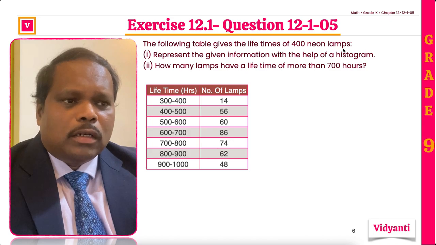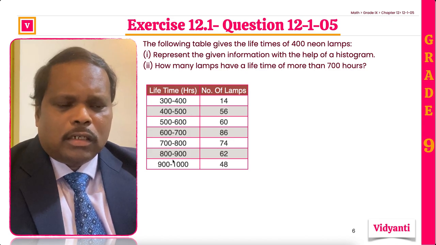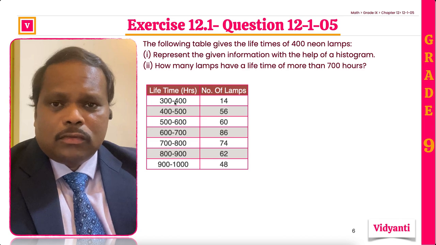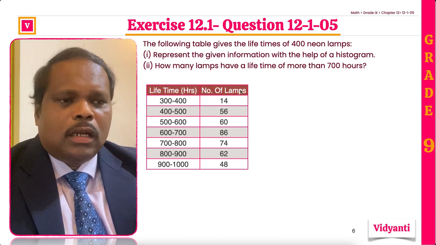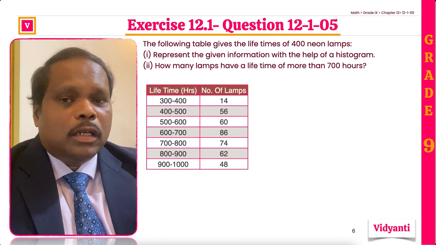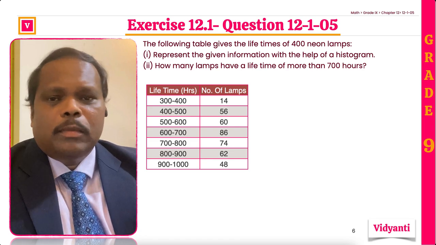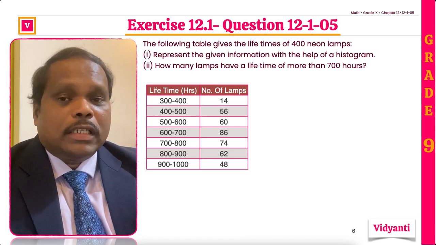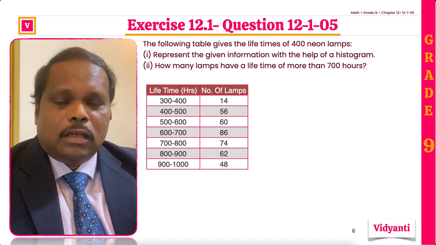So we want to make a histogram. Here the x-axis will be lifetime in hours and the y-axis will be the number of lamps. We have to create a histogram, so we have to be careful about what scale we choose on the x-axis and y-axis.